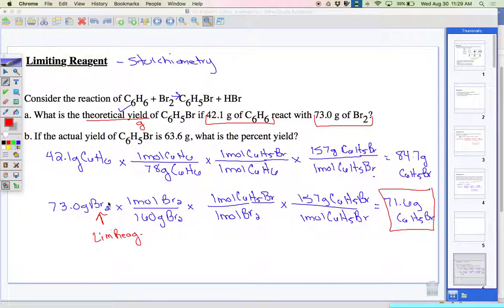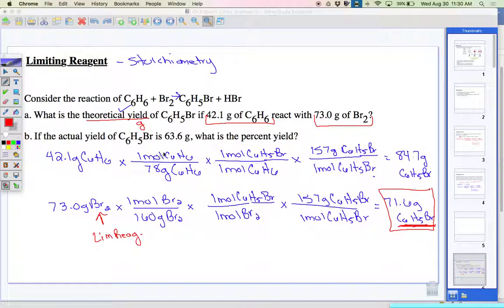So in this case, I'm going to run out of Br2 when I make this much of the product, when I make 71.6 grams. So although I have enough of the benzene, the C6H6, to make 84.7 grams, I'm not going to be able to because the bromine's going to run out, right? That's what limiting reagent means. One of the reagents is going to run out before the other one.